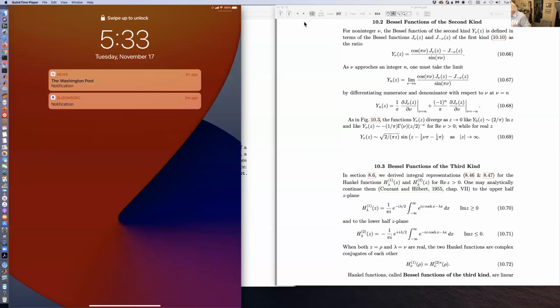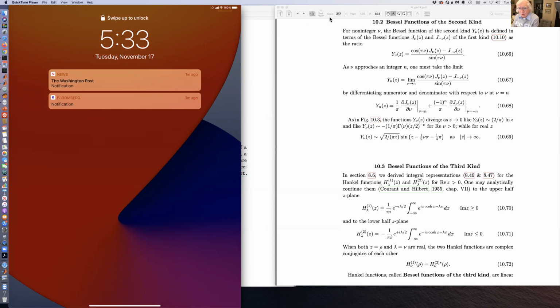On the other hand, sometimes the origin is not part of the physical region, and we need to allow for the possibility that in the unphysical region, the function is infinite, or that the origin is in the physical region and the phenomenon that we're describing is infinite at the origin.